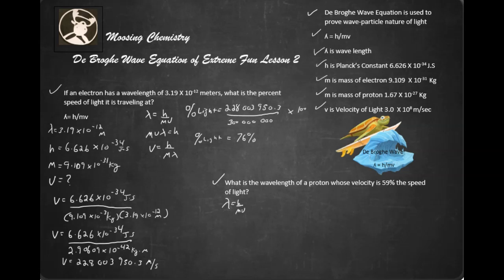Well, we know h. H is Planck's constant. That doesn't change. Again, that 4 did not work out very well, so let me try that again. There you go. That's much better.